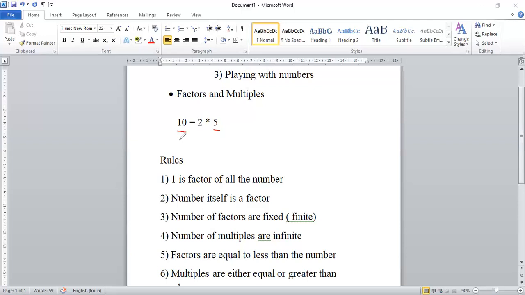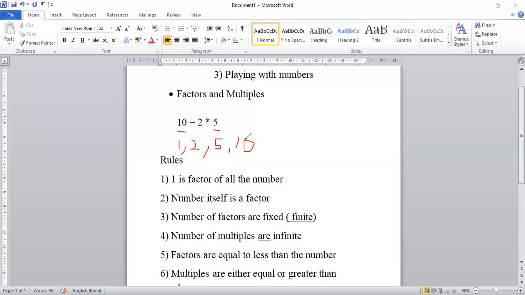According to our first rule, 1 is a factor. Then we got 10 in 2's table, so 2 is its factor, 5 is its factor. Then the number itself is a factor. In any other table, do we get 10? No. So these are the factors of 10.